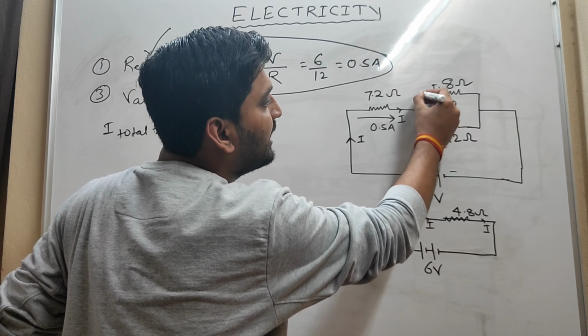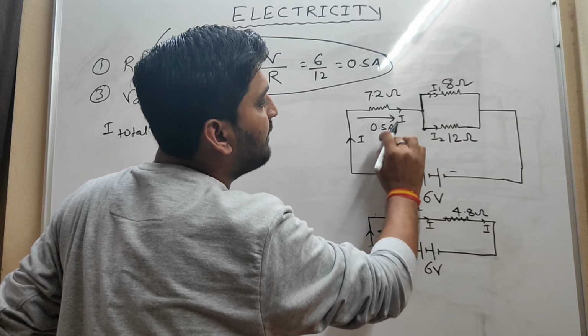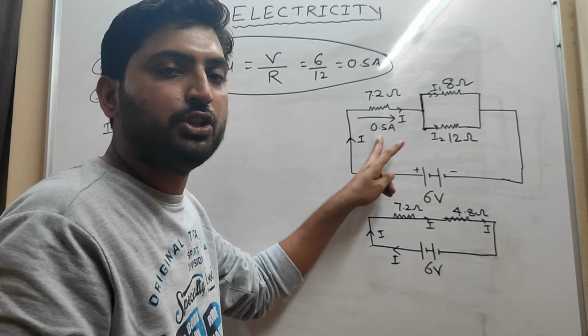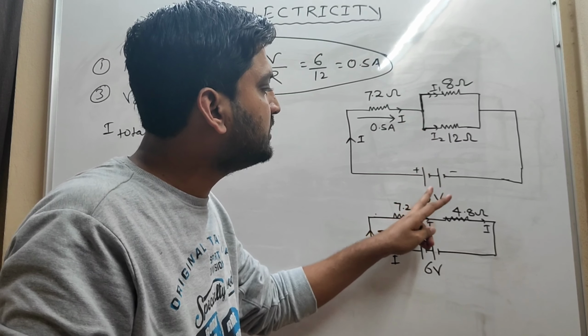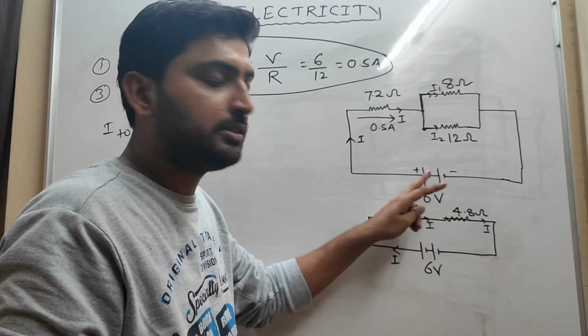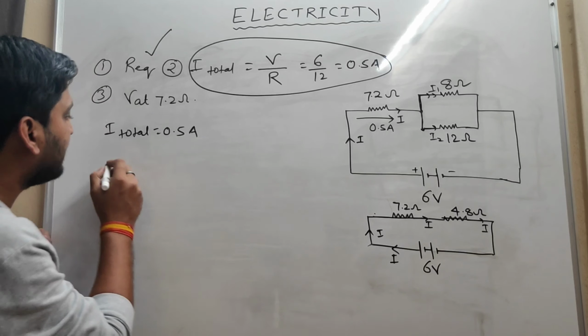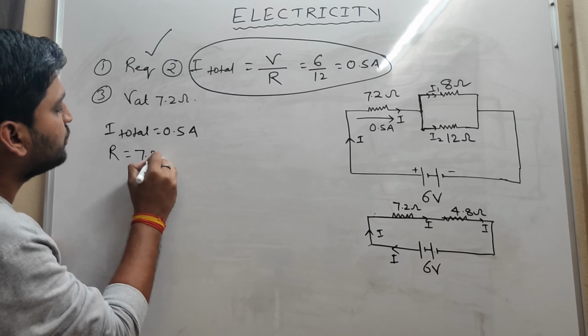As it reaches here, it will divide, like 0.2 or 0.3. But here it is 0.5 ampere because it is in series with this battery. So the current will be the same and the resistance value is 7.2 ohm.